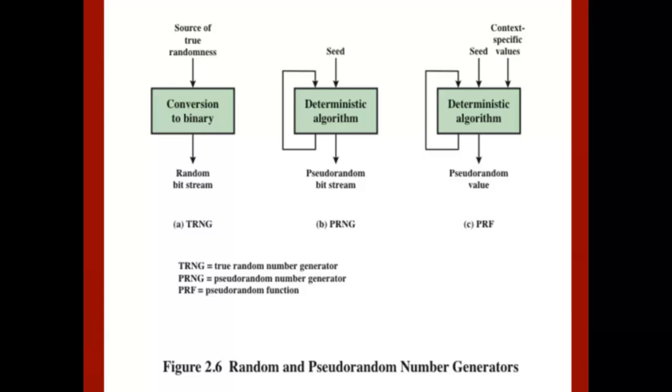The figure contrasts a true random number generator, TRNG, with two forms of pseudo-random number generators. A TRNG takes as input a source that is effectively random. The source is often referred to as an entropy source.